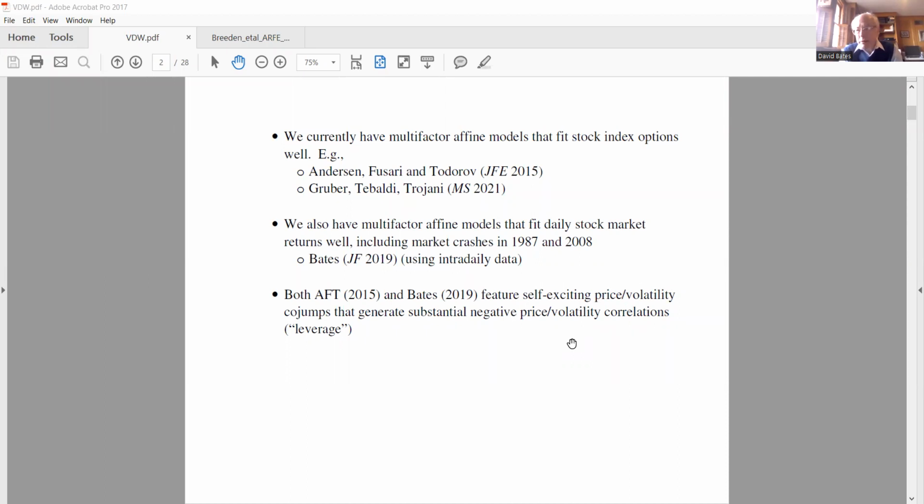Typically when you estimate these models, the crashes are outliers that the models have difficulty matching. These models match them pretty well, at least the crash of 87 and the crash of 2008.